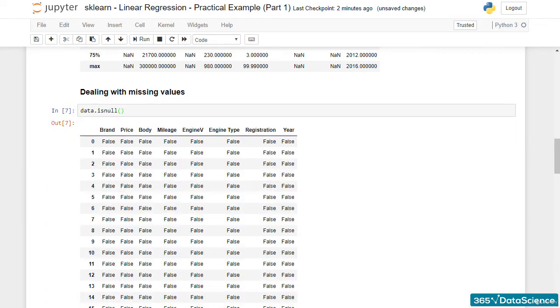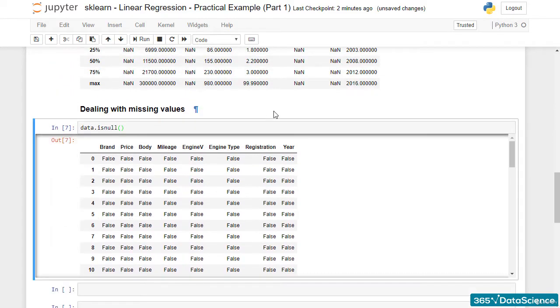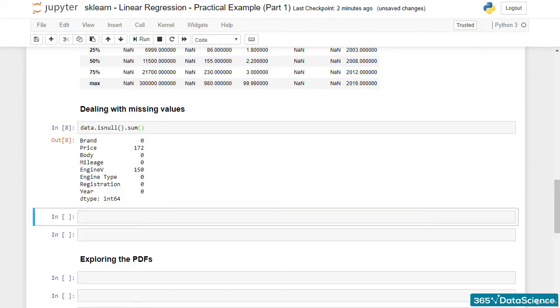It shows us a data frame with that information. True stands for a missing value, while false for an available one. Since true is basically 1, while false is 0, we can write isNull.sum. This method will sum all the missing values and give us the number of null observations. Price and engine volume are the only features with missing values, but only several of them.